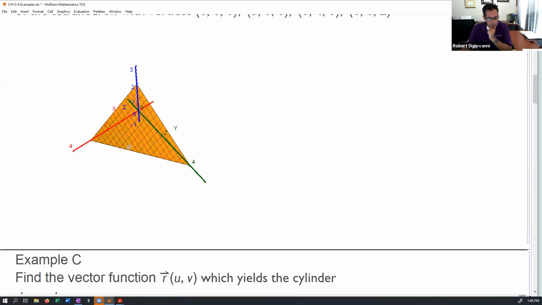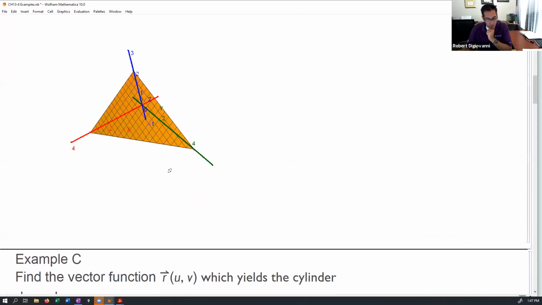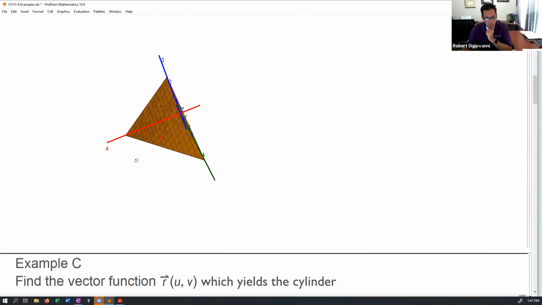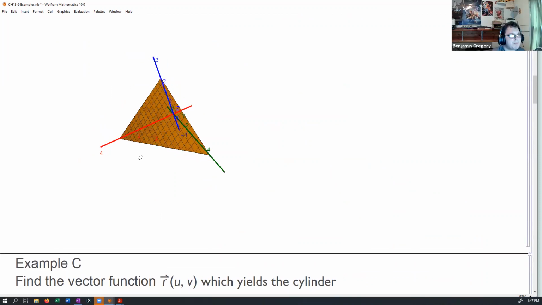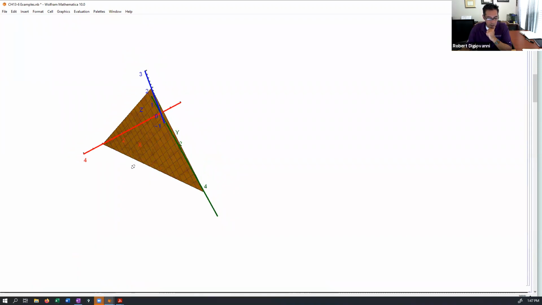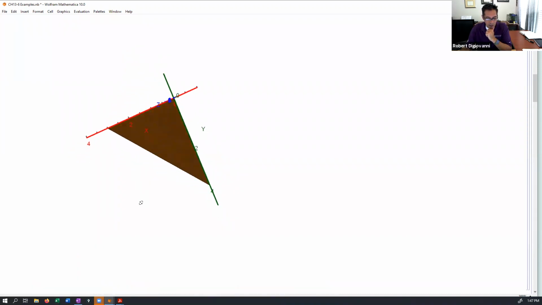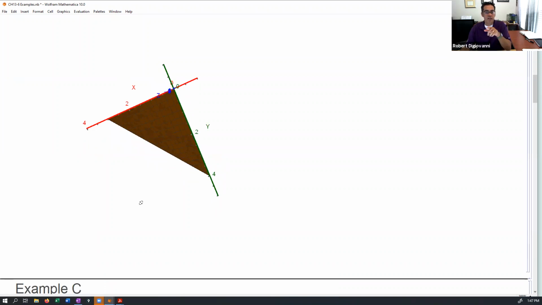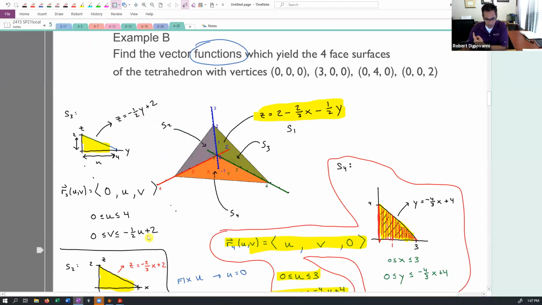When you're looking at that surface there, what do we call it? S1. Okay, when we look at S1, do you agree that S1 from the top looks exactly like the first surface we did on the bottom? Was that S3? No, S4. Remember we did S4?